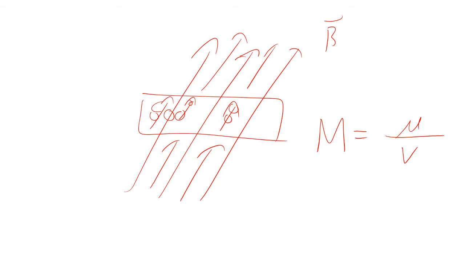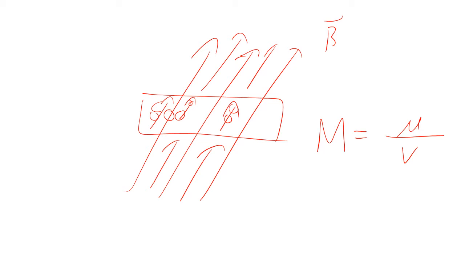The magnetization turns out, interestingly enough, to be related to the applied magnetic field. So if you increase the magnetic field, then you tend to increase the magnetization. And there's something called magnetic susceptibility, which is related to the magnetic field strength.